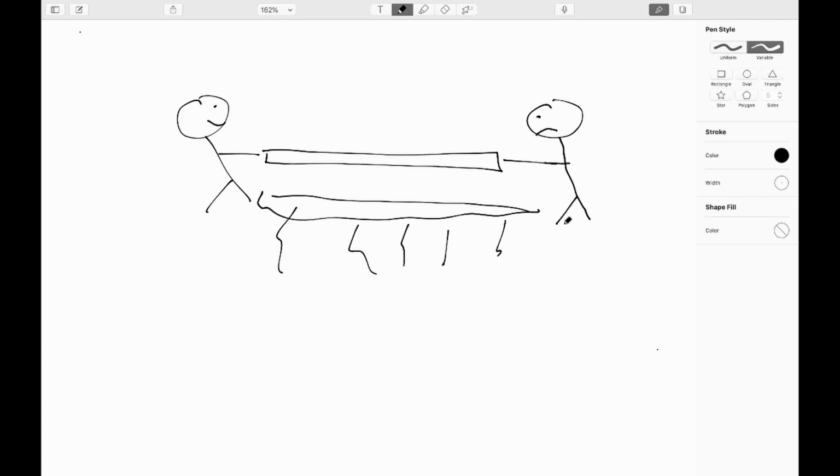So we'll say that the rope wasn't accelerating at this exact moment. And so then you can argue that the two players are pulling on the rope equally hard. So how are we ever going to have a winner?